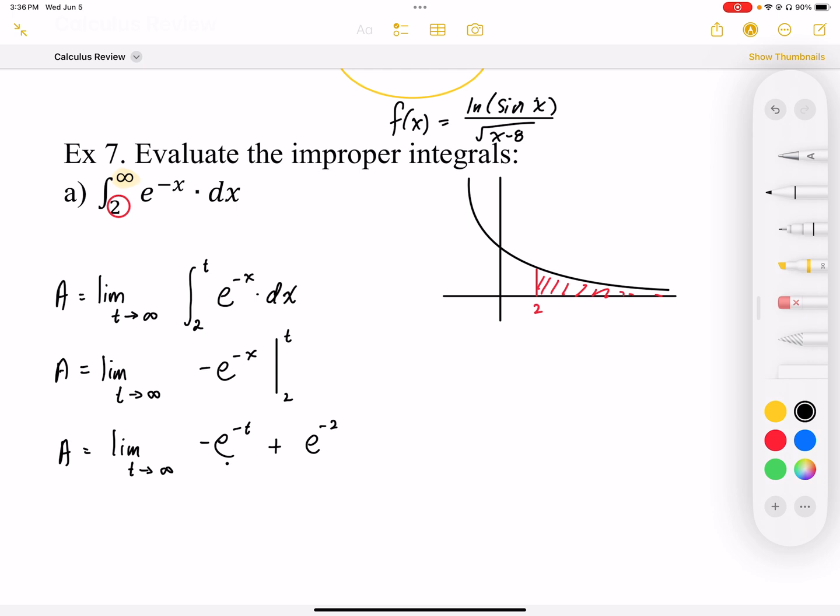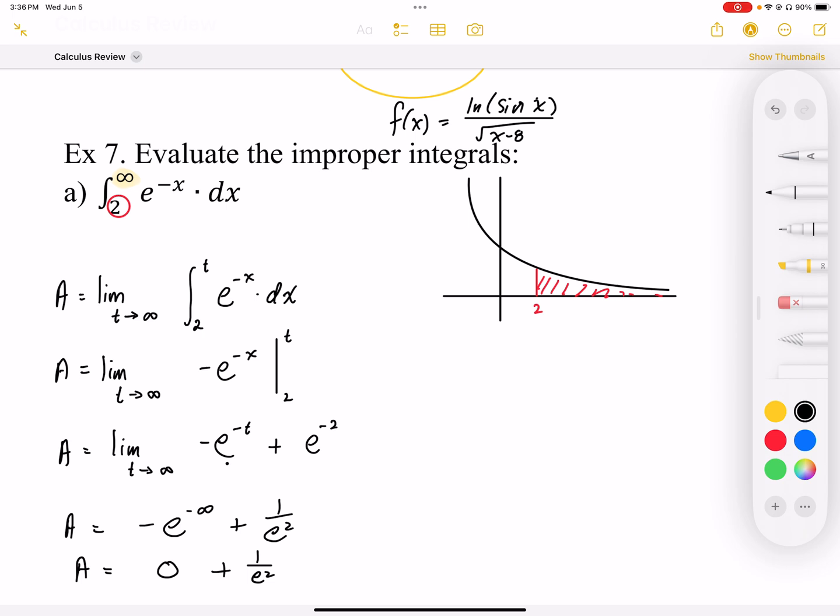At this point, I can plug in my infinity. So I'm going to evaluate this as negative e to the negative infinity plus 1 over e squared. Now, e to the negative infinity is 0, so the area is going to be 0 plus 1 over e squared.